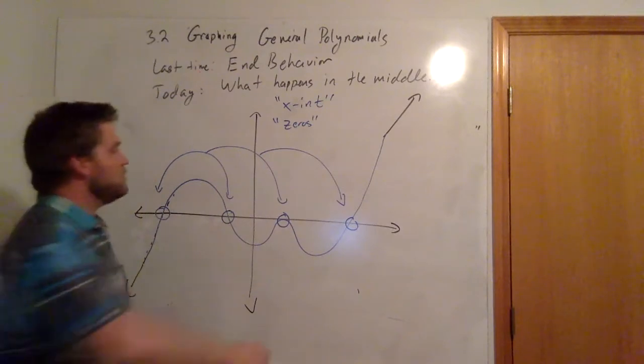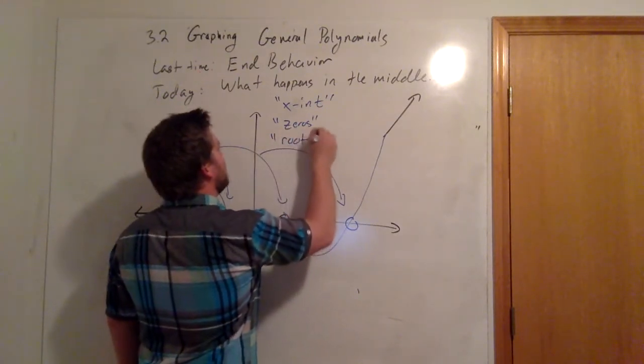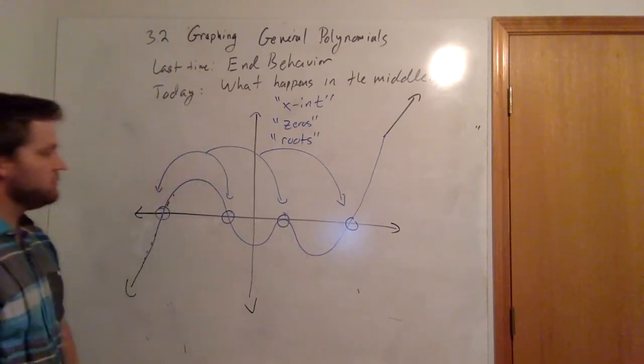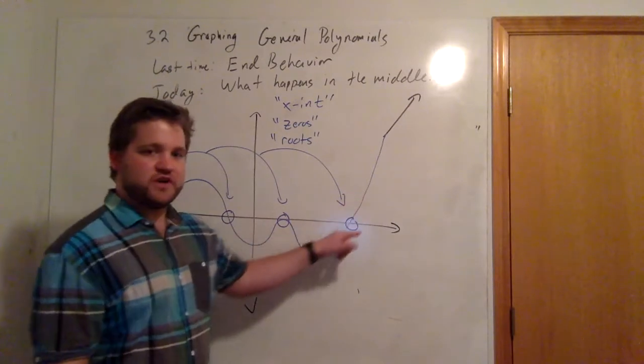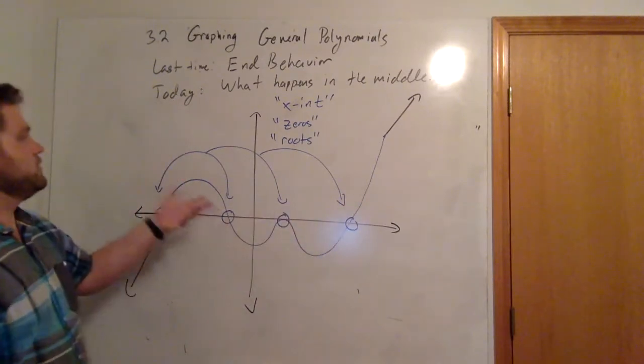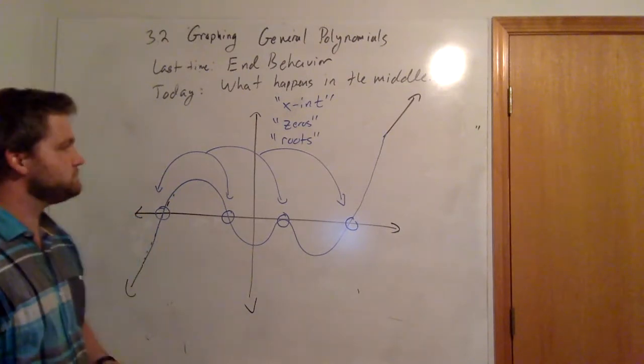You might also hear some textbooks call these the roots of a polynomial. Why roots? My guess is this looks kind of like the roots of a tree, and so they call them the roots. X-intercepts, zeros, roots, it all means the same thing to me.